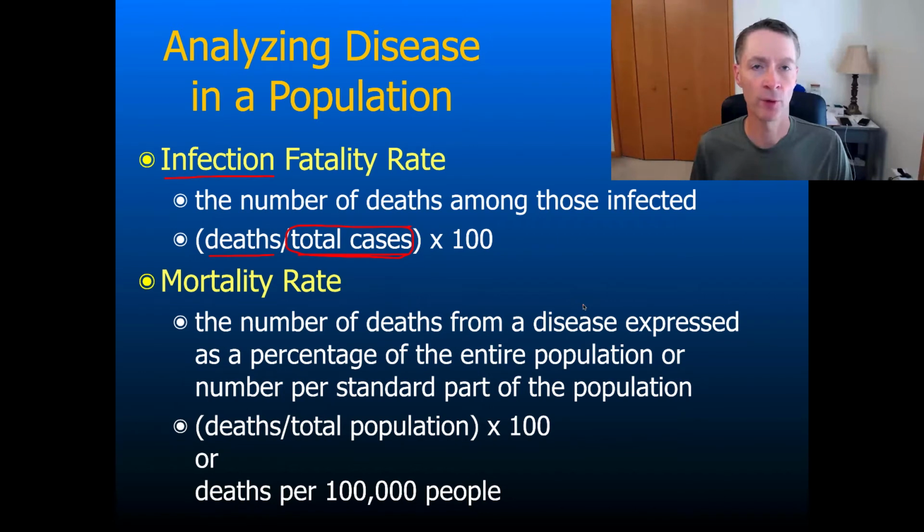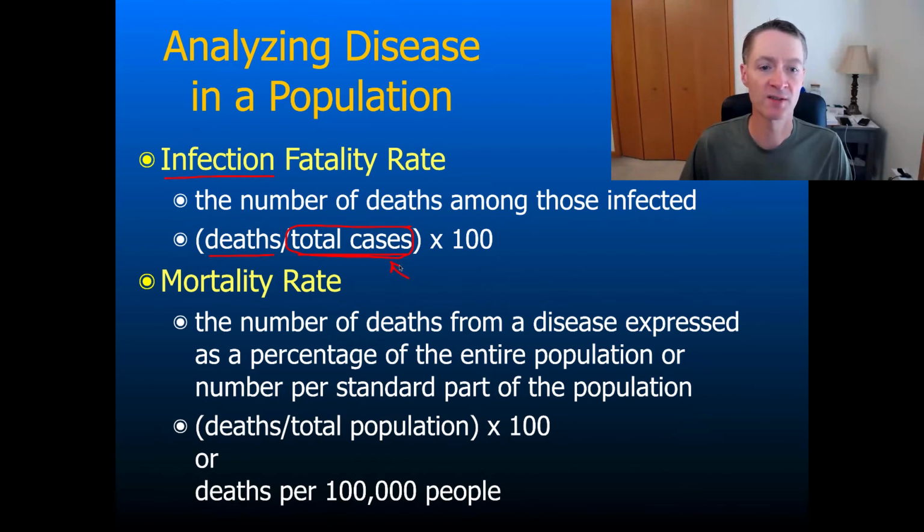We now see that those rates are going up as the curve goes up, right? As more and more people get infected, we see that there are in fact more people dying from the disease.